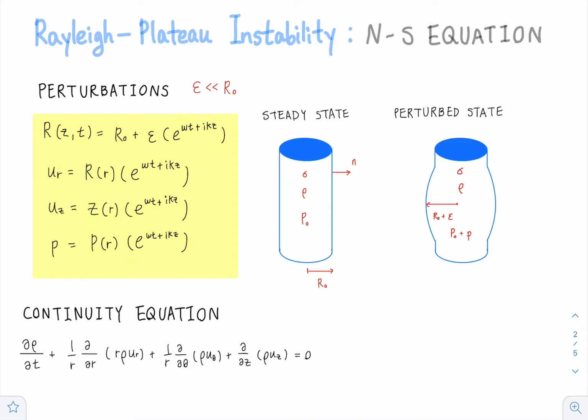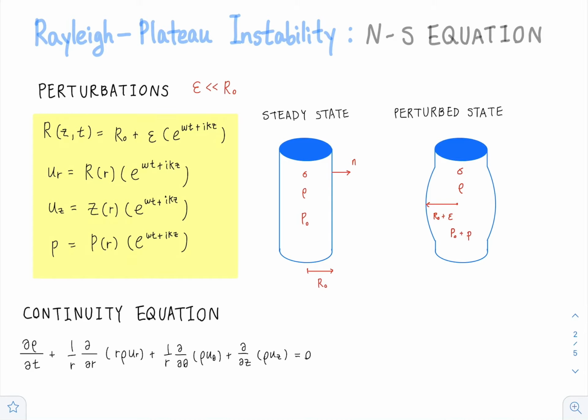Now, using our ingredients, our functions, we are now going to write down our continuity equation. So our continuity equation goes as follows, as you can see on the bottom of this picture. We have rho and partial derivatives with respect to t, and all the other terms accompanied by rho, ur, u theta, and uz, because we are going to use the cylindrical coordinate system.